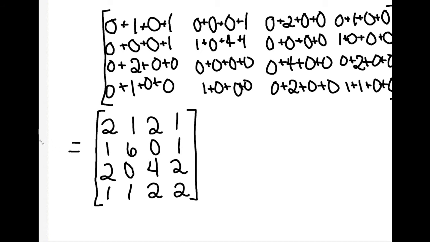This means we're almost to the answer for this part of the problem. We need to multiply by A one more time to get A cubed. So pause here if you'd like to check your answer for A squared, and then when you hit play, you'll be fast forwarding to the answer for A cubed.